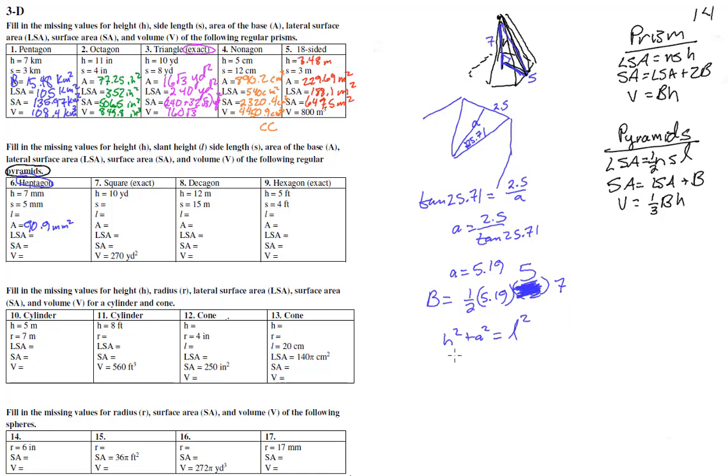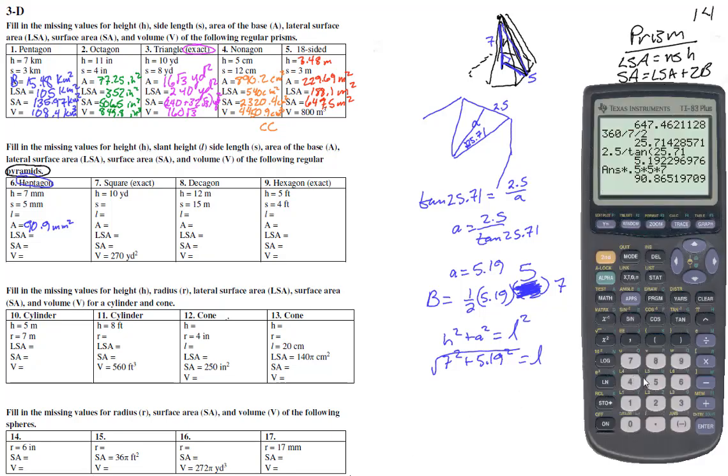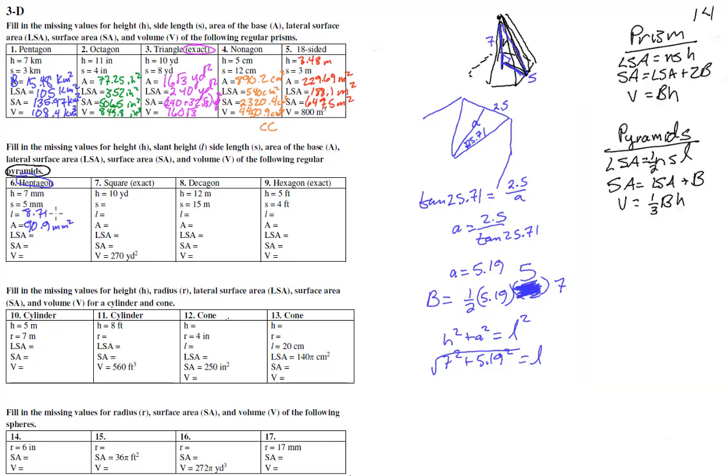Okay, so we get 7 squared plus 5.19 squared, and then we have to square root that to get L. So we have here 7 squared plus 5.19 squared, enter, and we get square root of that, 8.71. So our slant height is 8.71, and that would be millimeters.